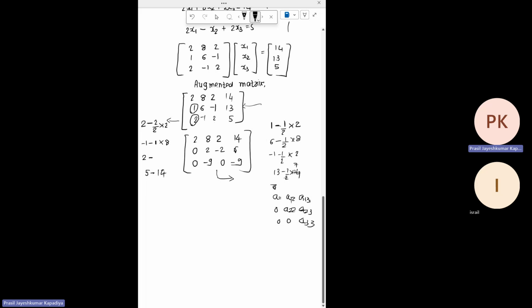I need to form it in this way. So now I need to make this term 0. So we have 2, 8, 2, 14, 0, 2, minus 2, 6. And here what I will do, this term is anyway 0.